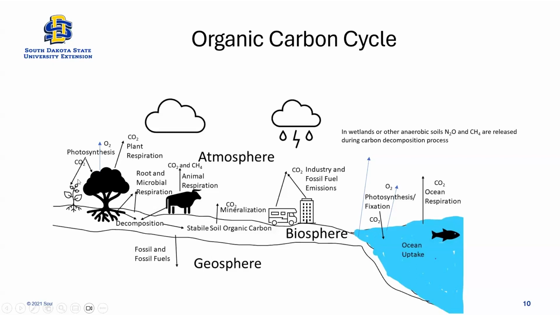Certain plants that can fix nitrogen can take nitrogen gas from the atmosphere and convert it to organic nitrogen. Plants also respire and release CO2 to the atmosphere. Biology in the soil that decomposes organic carbon created by plants can also release some CO2 to the atmosphere.